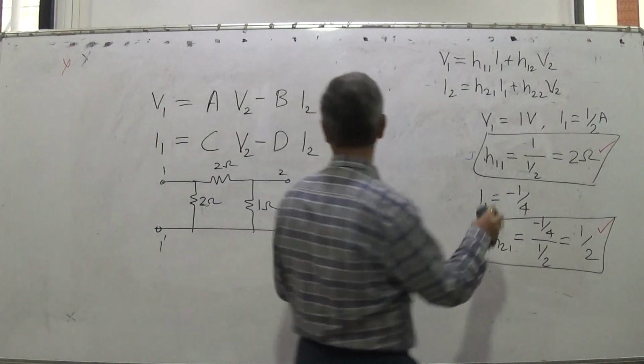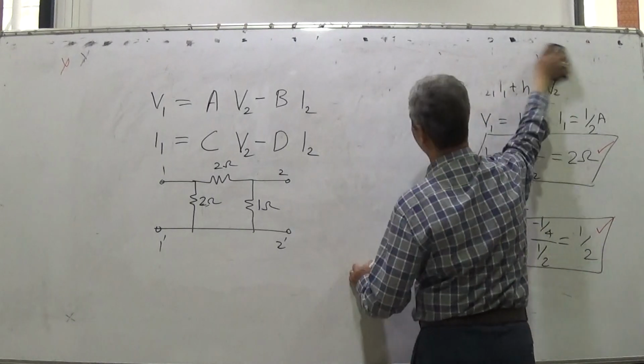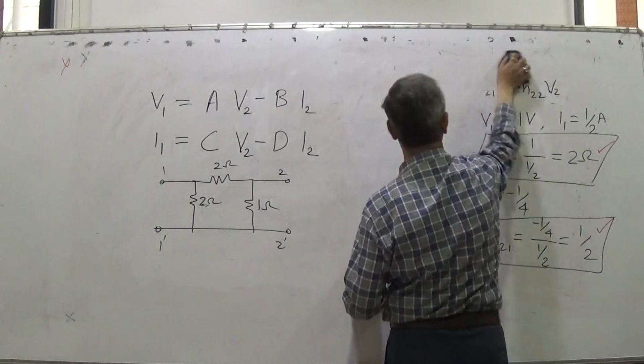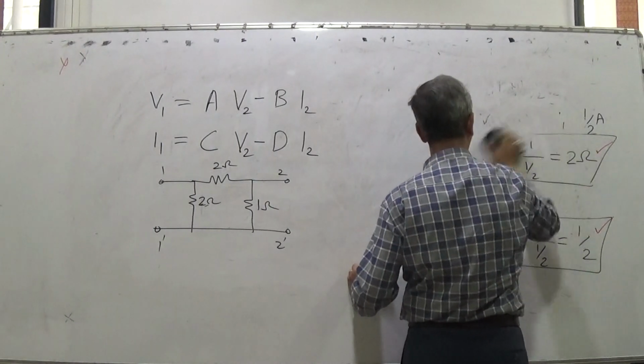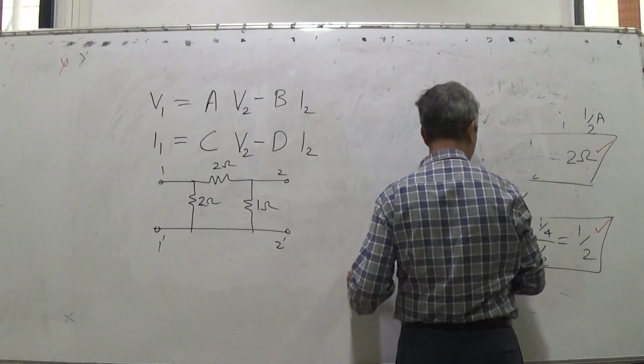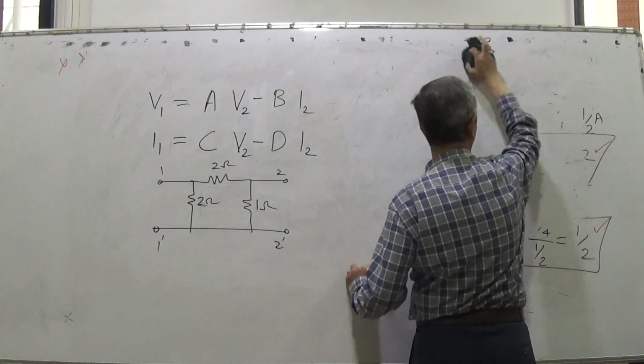So how do we calculate A? A is the ratio of V1 upon V2 when I2 is 0, or port 2 is open, and naturally A is unitless.